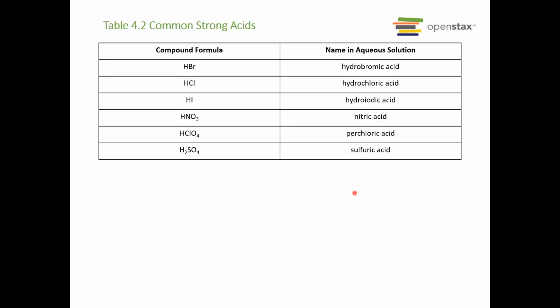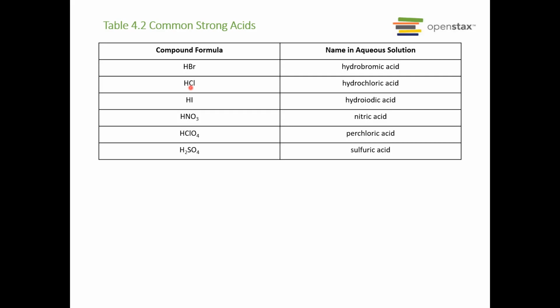So when we look at all of these strong acids, the thing that's going to be the same about them is we'll no longer have HBr as an intact molecule, or HCl, HI, HNO3, HClO4, H2SO4, whatever it is. We're going to see these hydrogens and then that negative portion all dissociate, similar to the ionic compounds. And because they completely dissociate, that's why we're considering them to be strong. With the weak acids, we're going to see they'll kind of look the same.